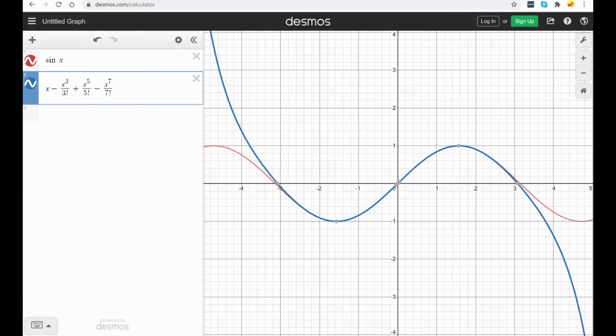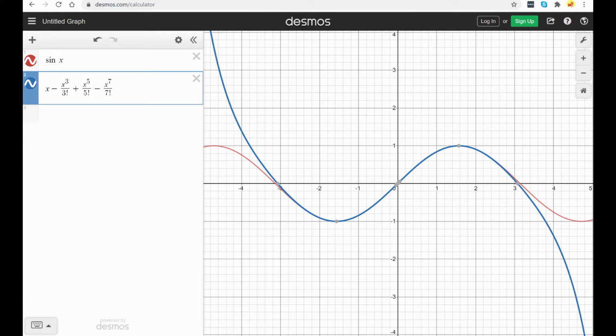Voila. Now you see that more parts of the blue are coinciding with more parts of the red. So as we continue to add more terms, the blue curve, which is the approximating curve, will look more and more like the actual curve, which is the sin x curve, the red one. I hope by using this online tool for illustration, it is clear to you now how the terms will affect your approximation, as well as the range of values of x that you can use to approximate.